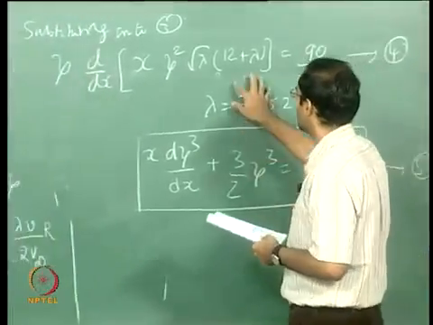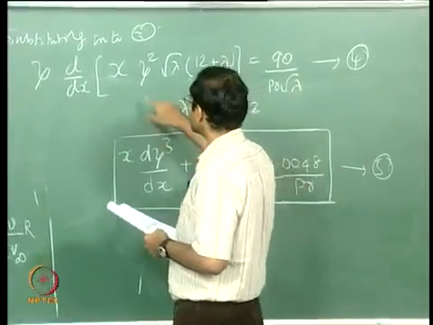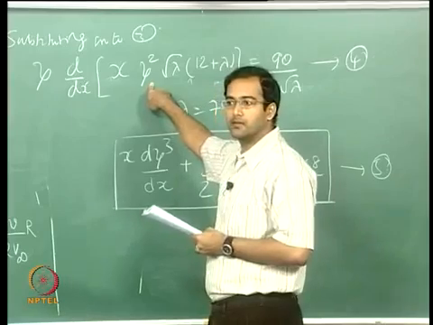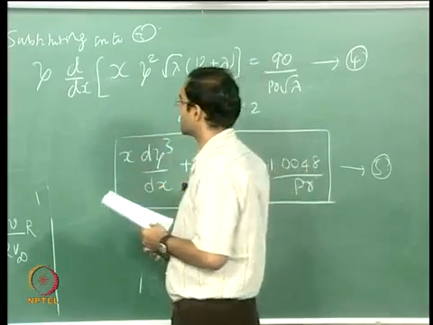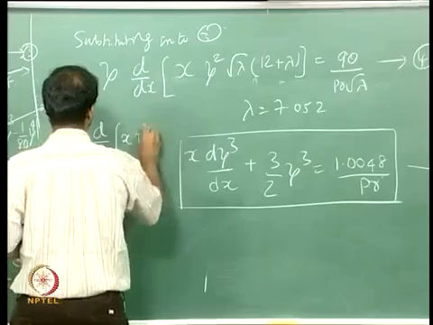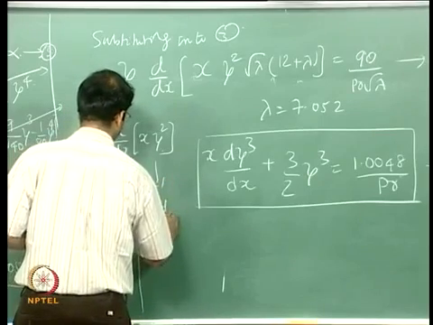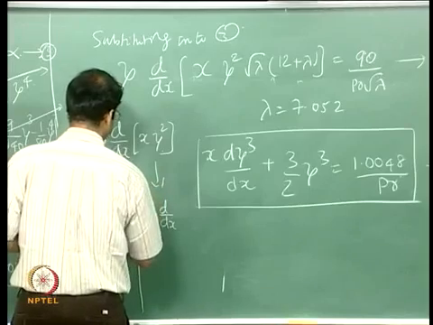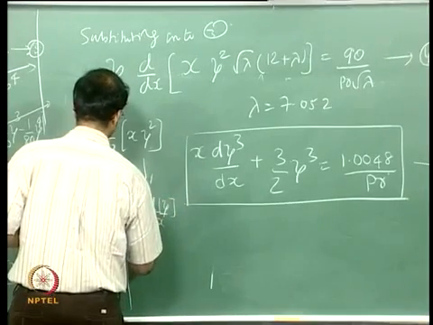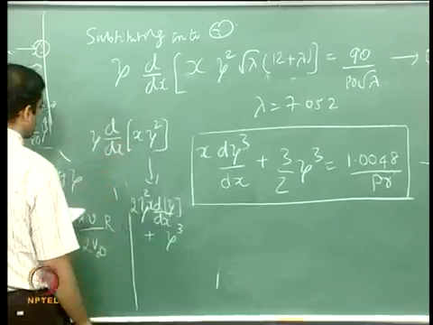All I am substituting is for lambda. This entire thing is a constant and it comes out, and of course this is also in terms of lambda. Now I can separate this d by dx and take it inside. Suppose I ignore all the constants, I have zeta times zeta square. So zeta d by dx, I can take zeta cube, so this is 2 zeta into zeta square into x, plus zeta cube into d by dx of x, which will be 1.